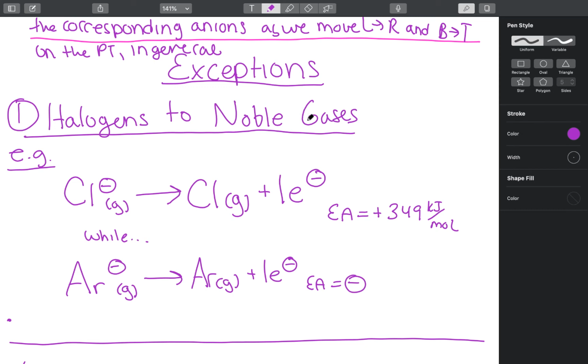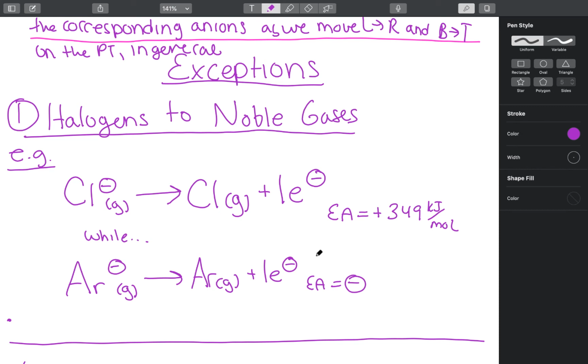I have here an example with chlorine and argon. Chlorine is to the left of argon, in the same period, and chlorine is a halogen, and argon is a noble gas. Chlorine has an electron affinity value equal to plus 349 kilojoules per mole, while argon has a negative electron affinity value. So this is telling us that the electron affinity has decreased as we moved from left to right.